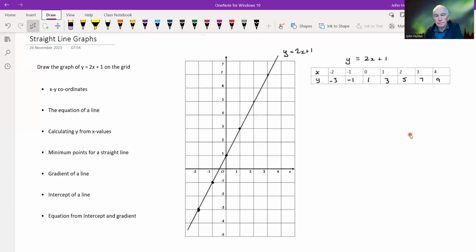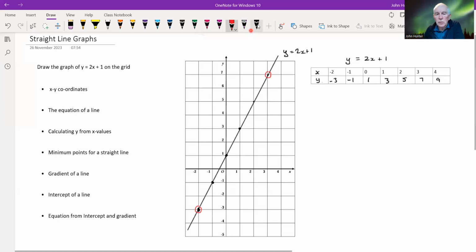Right. So that's good. We only actually need 2 points for a straight line, don't we? So if we picked this one and this one, they're the furthest apart, so that's going to make it easier to actually get the right line.